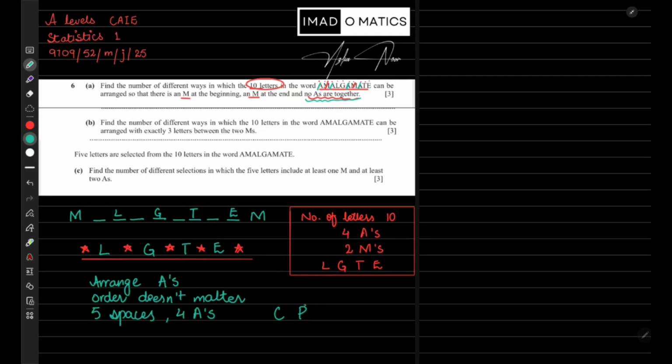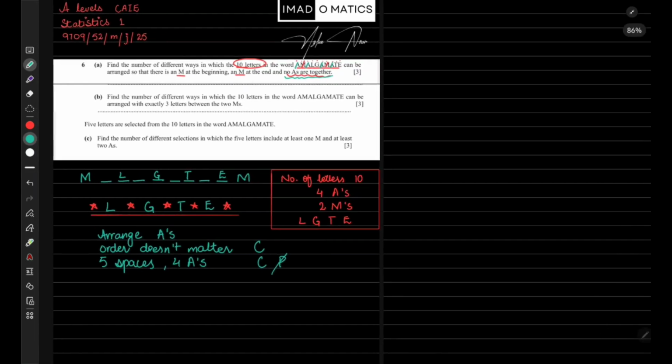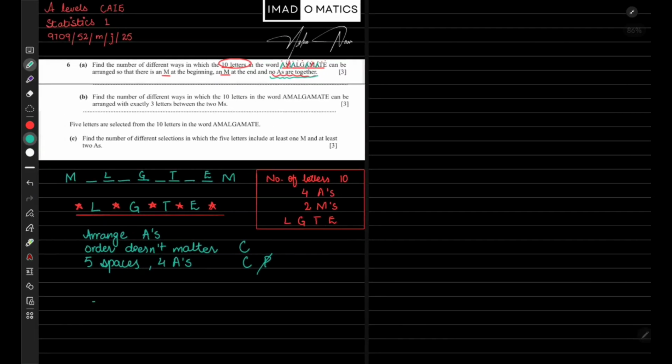We don't use permutation. So let's do this. For 4 A's, we have 5 spaces and we have to arrange 4 A's into 5 spaces. So 5 spaces and 4 letters, so the arrangement will be 5C4.